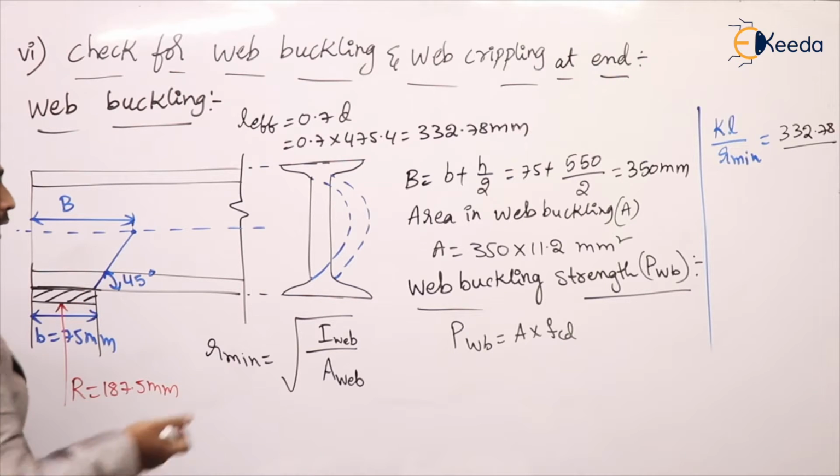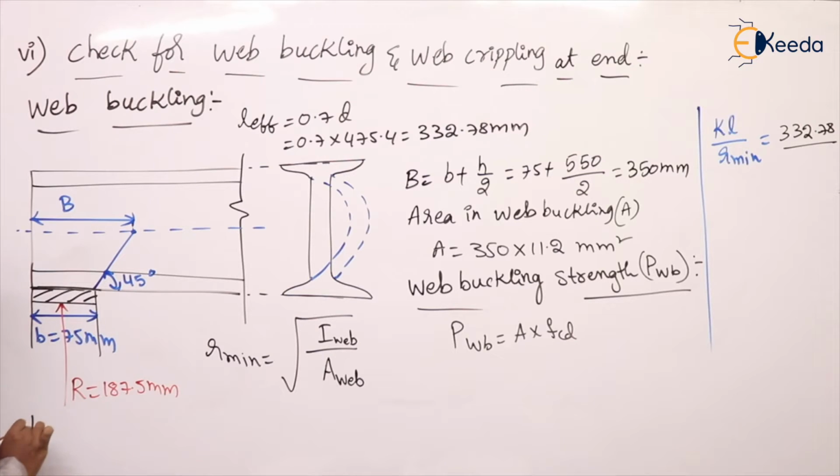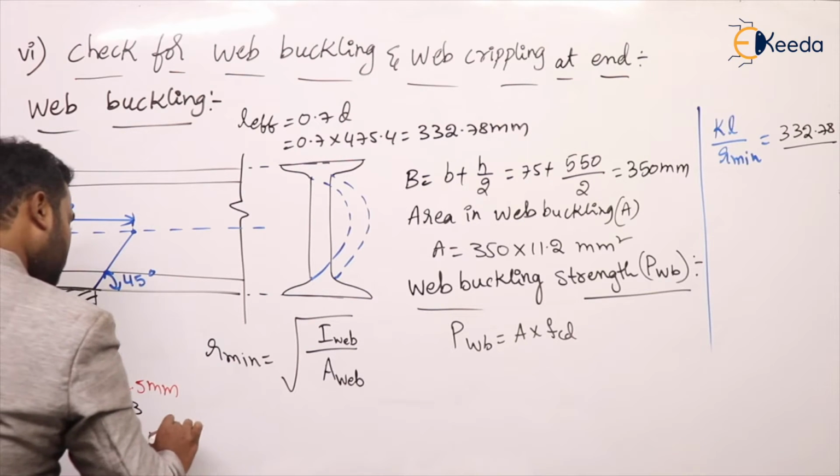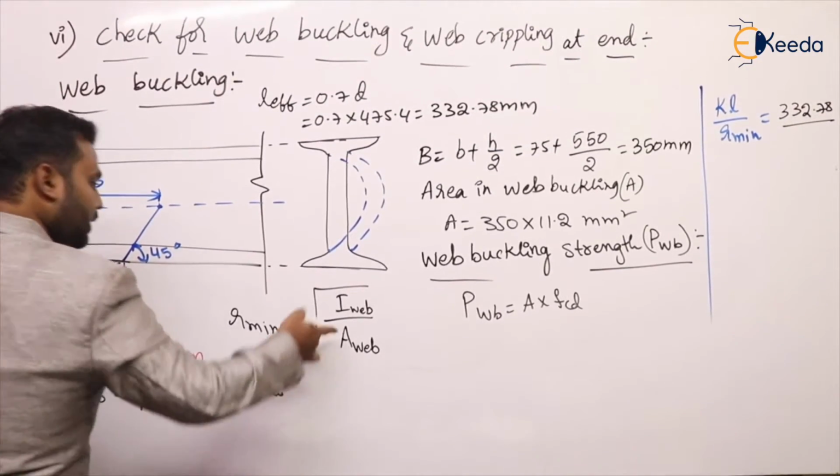Now what is the moment of inertia? I web is equal to, at this location the width is simply B, so B TW whole cube by 12. That is the moment of inertia at this location. Now area of the web at that location is simply B into TW.